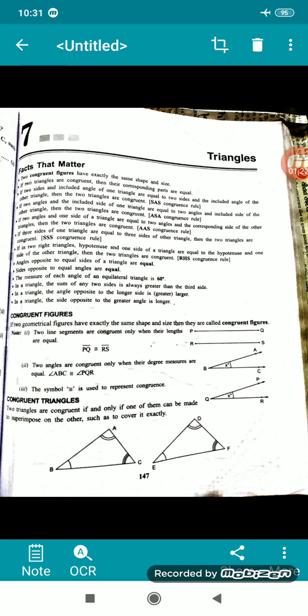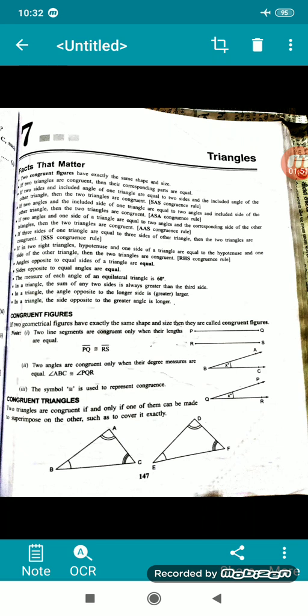If three sides of one triangle are equal to the three sides of other triangle, then the two triangles are congruent. SSS, all the three sides. If in two triangles hypotenuse and one side of triangle are equal to the hypotenuse and one side of the other triangle, then the two triangles are congruent. RHS, right angle hypotenuse side.